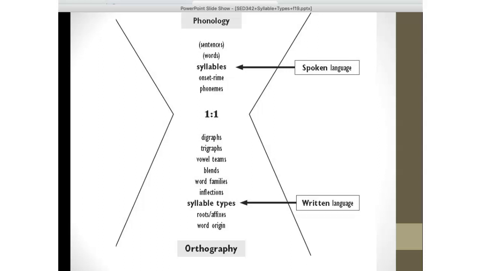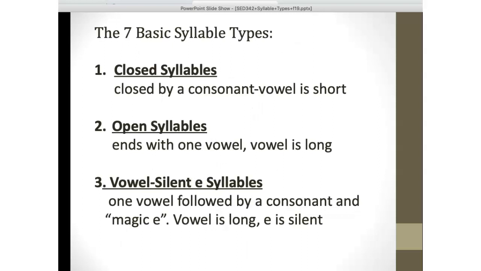It just depends on who's the originator of the teaching method. So Orton Gillingham uses 8. Project Read is the one that I will be using that talks about 7. And I'm not sure who the article used, but they classify 6. So we could all agree on definitely 6.